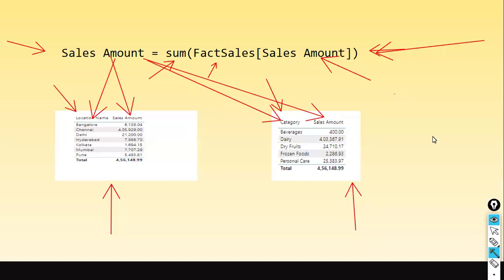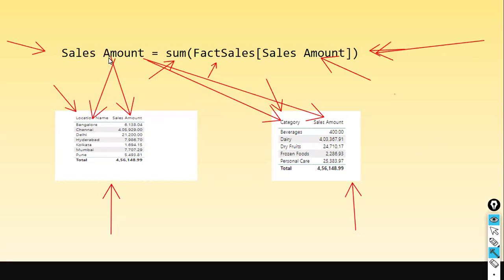Automatically it happens. Did I write any measures to give the sales breakdown by location or by category? No, right? That is the beauty of DAX. That is the beauty of Power BI. This is the magic, okay?